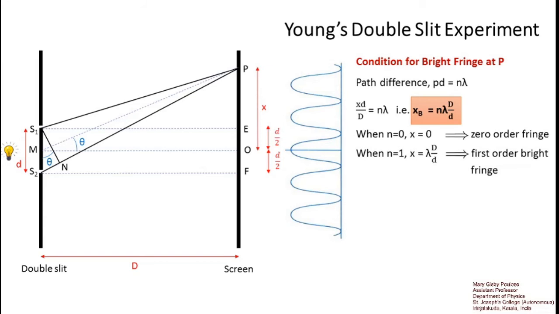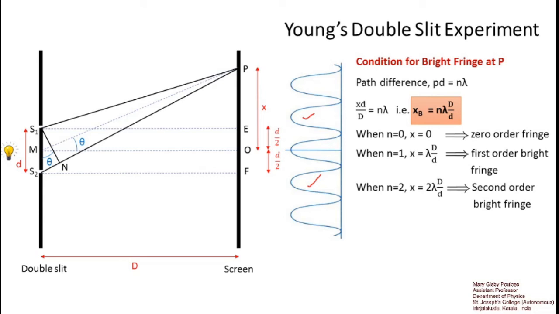Now when n is equal to 1, x is equal to lambda capital D divided by small d, and this is the first order bright fringe. These two are the first order bright fringes.